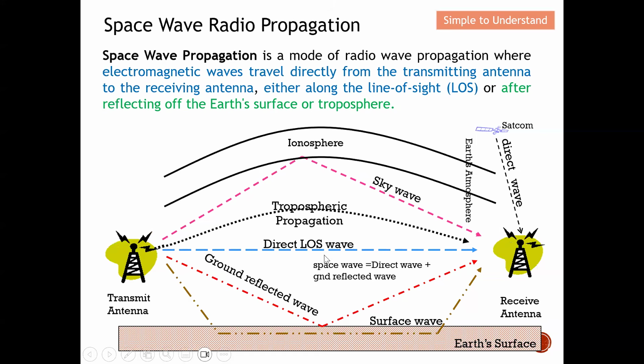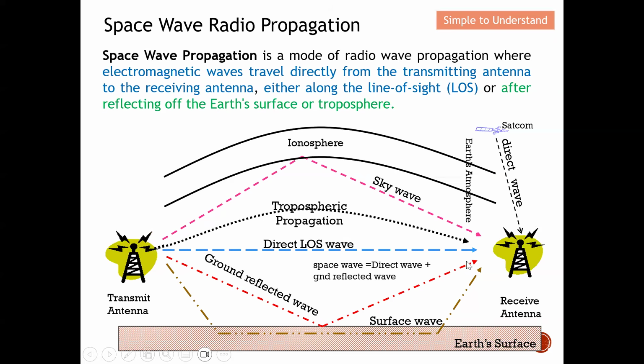Besides the direct line of sight, we also have the wave that is reflected off the Earth's surface or troposphere. This is also classified as a space wave, known as the ground reflected wave.